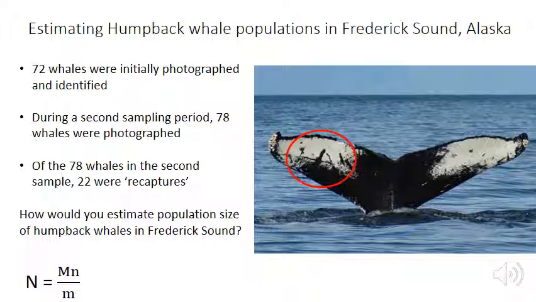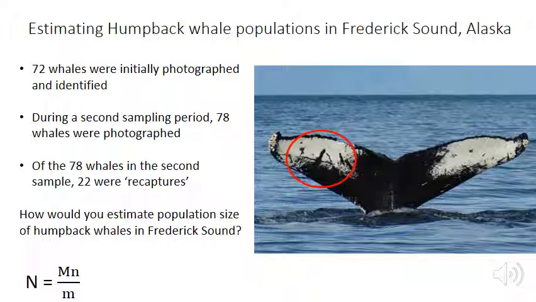In this case, over an initial sampling period, 72 whales were photographed and identified. Then during a second sampling period, 78 whales were photographed. And of those 78, 22 were recaptures. These were individuals that had been photographed during the initial sampling period as well.